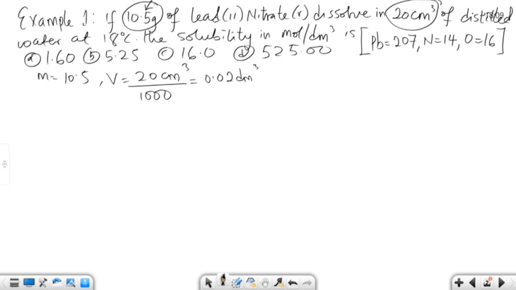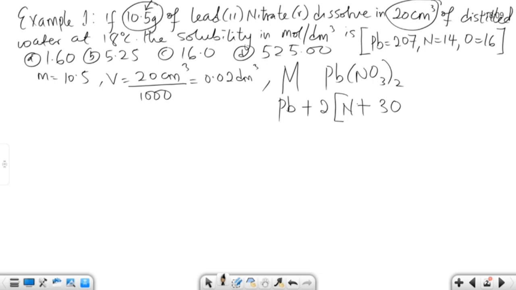From here, what is left is our molar mass. The salt given is lead(II) nitrate, and the formula for the salt is Pb(NO3)2. So we have to calculate the molar mass for this. We have Pb plus 2, and this 2 is for everything in the bracket. I hope you all know how to calculate the relative molecular mass.